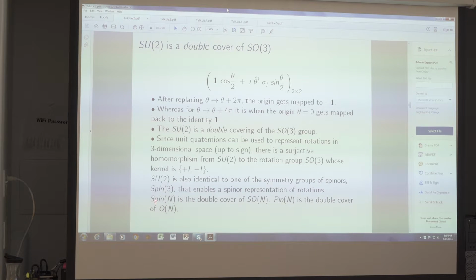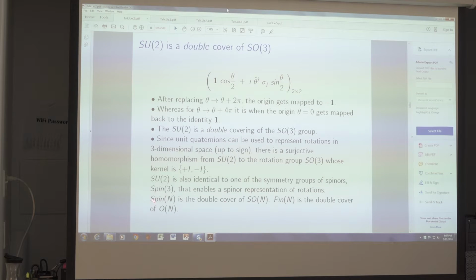What happens when you remove the letter S from Spin? You end up with Pin. And if you remove the letter S from SO, you end up with O. So people like to play with words. Remove the S, you end up with Pin; remove the S, you end up with O. This is why the Pin group is the double cover of the orthogonal group.